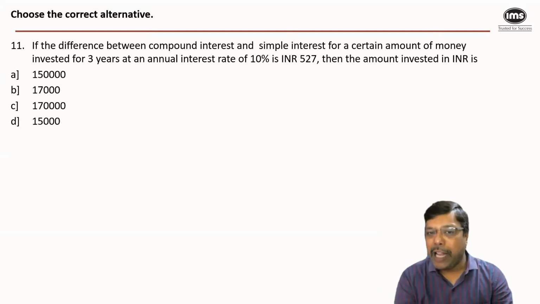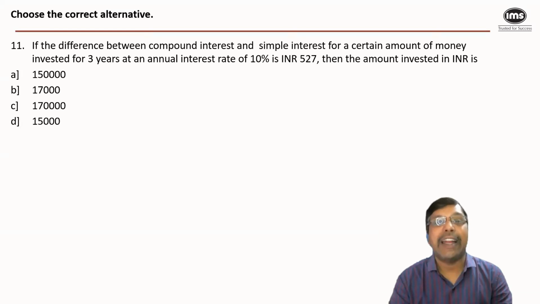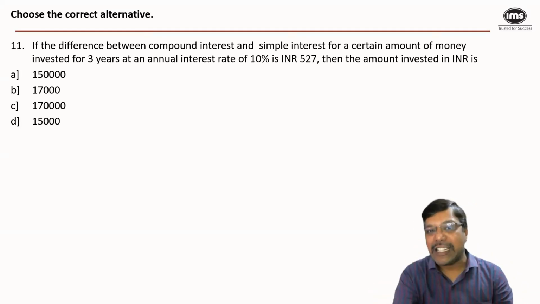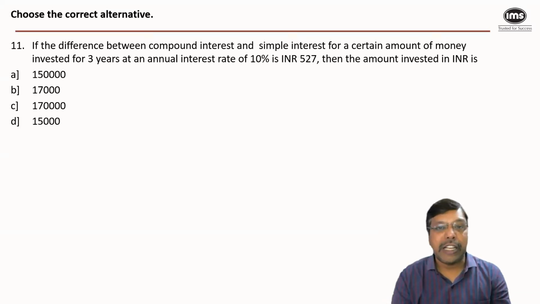Now, if we apply the formula of compound interest and simple interest and equate the difference to 527, we might be able to get the answer, but the calculation is quite cumbersome. So in such situations, it would be helpful if we assume a principal and calculate the difference between SI and CI and accordingly compare it with the difference given in the question.